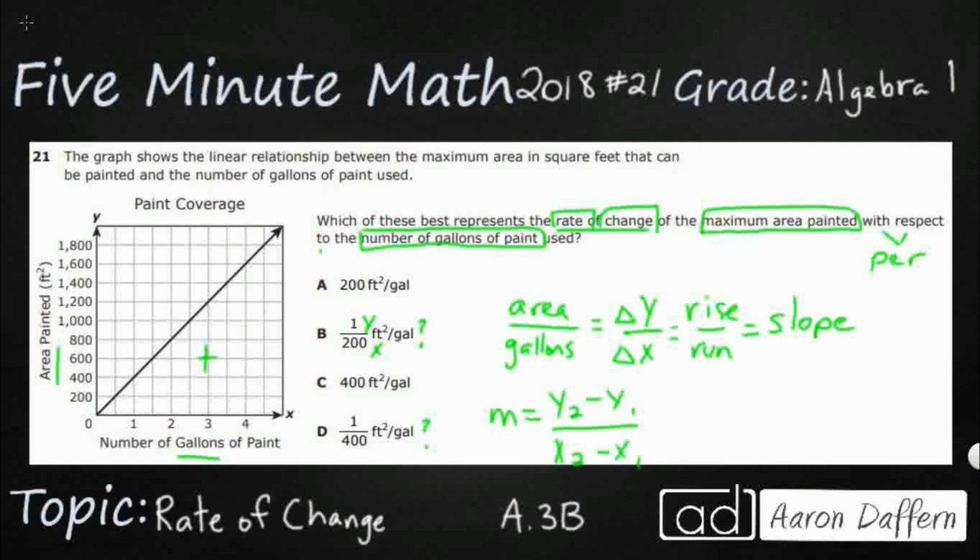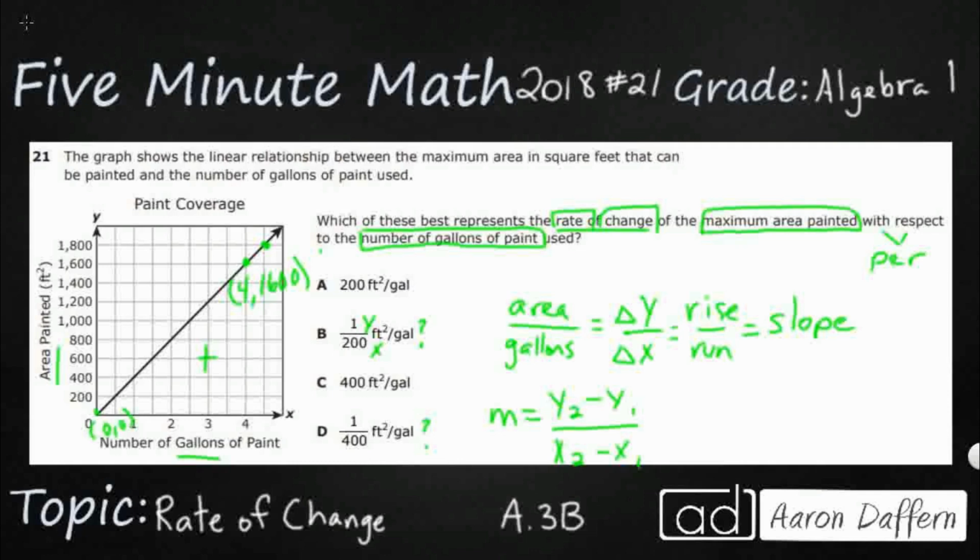So you know what? It doesn't really matter which ones we do. Let's not do that one because that's going to give me a 4.5. Let's get a whole number. There we go. X of 4, y of 1600, and when in doubt, let's just go to the origin.